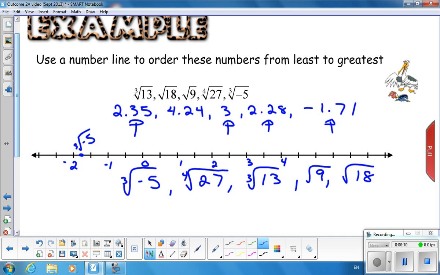The next one, the fourth root of 27, is positive 2.28, so somewhere in here. I then have 2.35, which is also right in there, and that started as the cube root of 13. I have 3, which was the square root of 9, and 4.24, which started as the square root of 18.